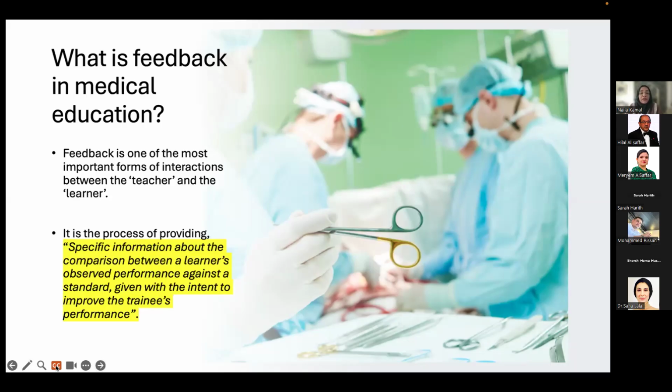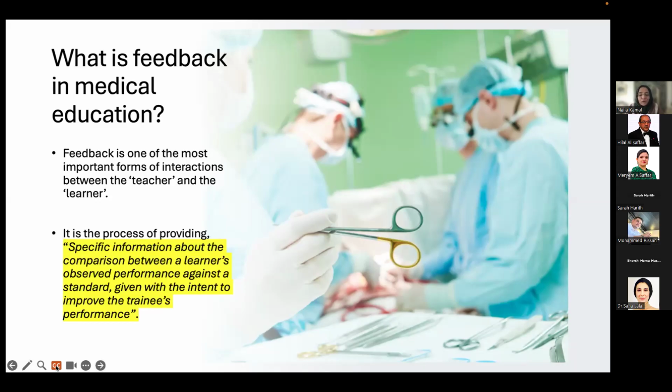However, in the process of feedback, we need to understand that you're trying to give specific information after a comparison has been made between the learner's observed performance and a standard. So there's got to be a standard against which performance has been observed, and it is being given with the intent to improve the trainee's performance.